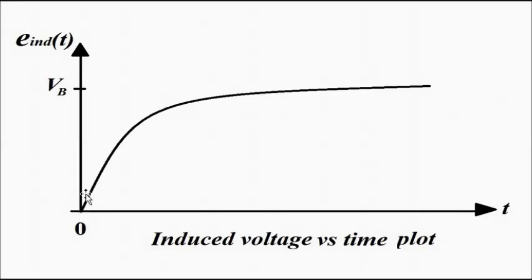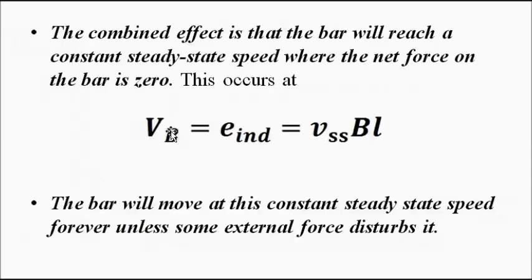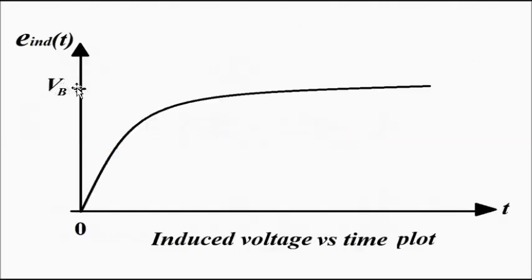As time progresses, the induced voltage starts to increase and gradually reaches the maximum value equal to the battery supply voltage. So the maximum value of the induced voltage is VB. This is the steady state induced voltage.